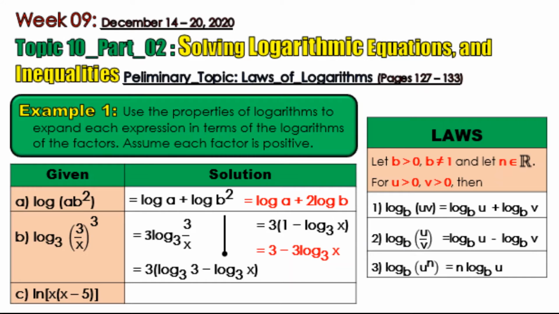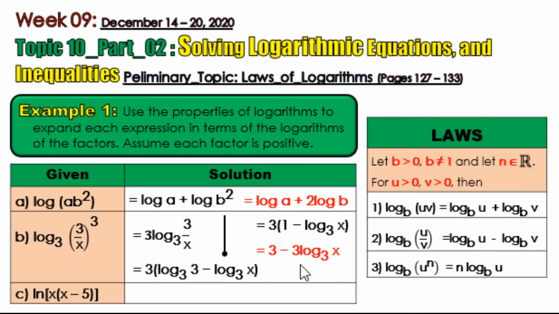And we can expand this further. We will be distributing 3. Okay, so 3 times 1 is 3. 3 times negative logarithm of x to the base 3 is minus 3 times the logarithm of x to the base 3.